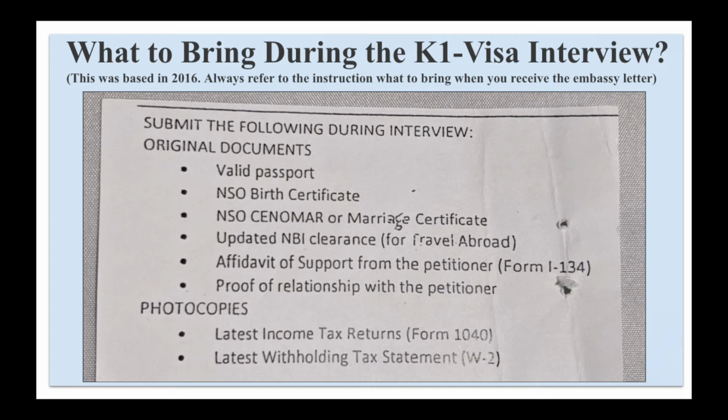Original documents of valid passport, PSA (formerly NSO) birth certificate, CENOMAR or certificate of no marriage for single, or marriage certificate for married, updated NBI clearance for travel abroad, affidavit of support from the petitioner or Form I-134, proof of relationship with the petitioner, and photocopies of the latest income tax returns or Form 1040 and the latest withholding tax statement or W-2 from the U.S. petitioner. Also, make sure to have backup photocopies of the original documents that you are going to bring.